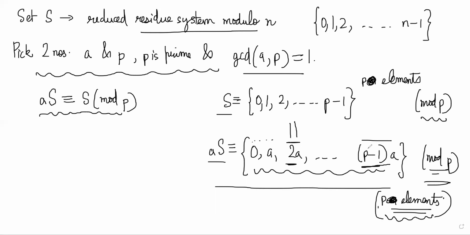So what I want to show is the difference between any two, right? Let's say one of them is IA, one of them is JA, where I and J are two integers that go from 0 to P minus 1. None of them is identical mod P, right?